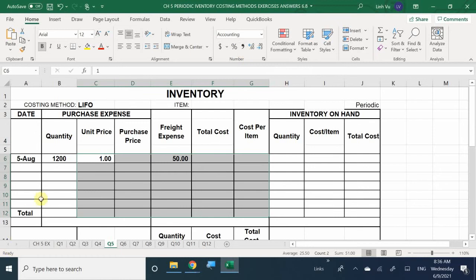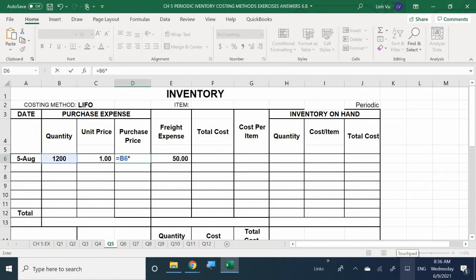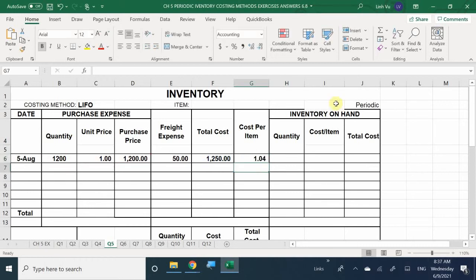So what's my purchase price going to be for our first batch here? $1,200. Plus 50 to give us a total cost of $1,250, which brings our cost per item to 1.0416.